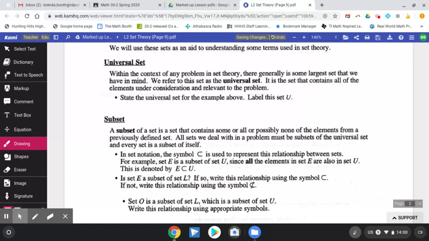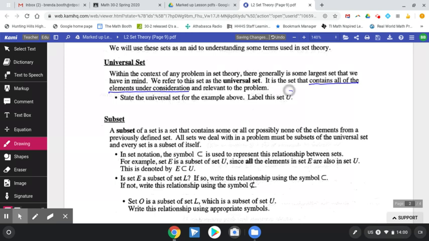We refer to this set as the universal set. It is a set that contains all of the elements under consideration and relevant to the problem. So probably a good idea if we underline "contains all of the elements under consideration."